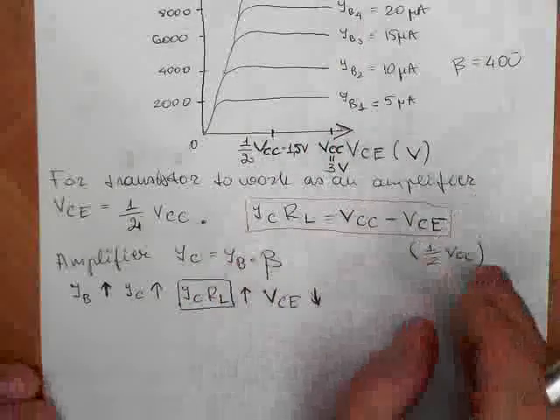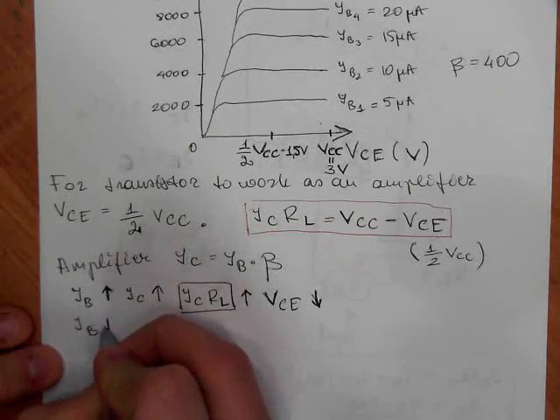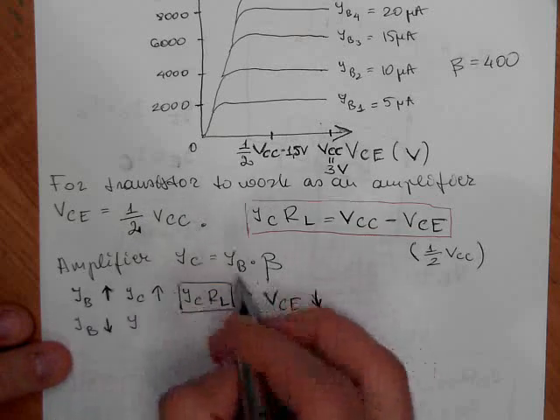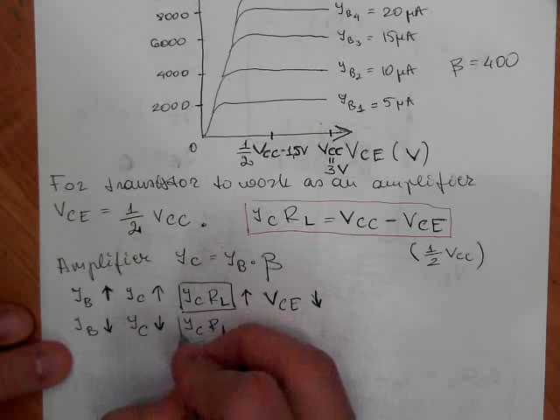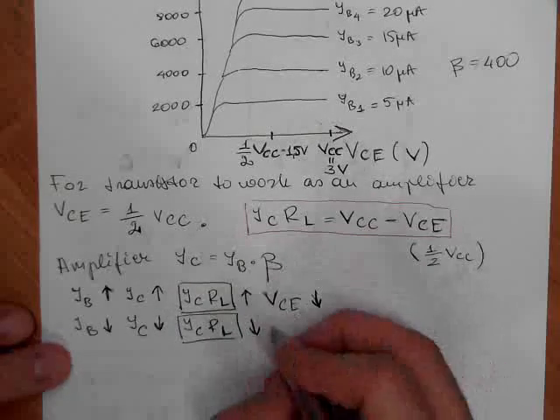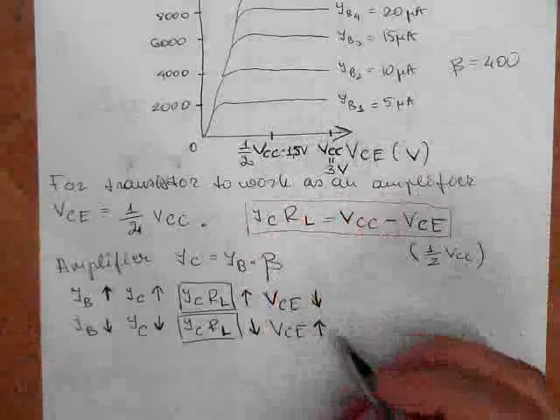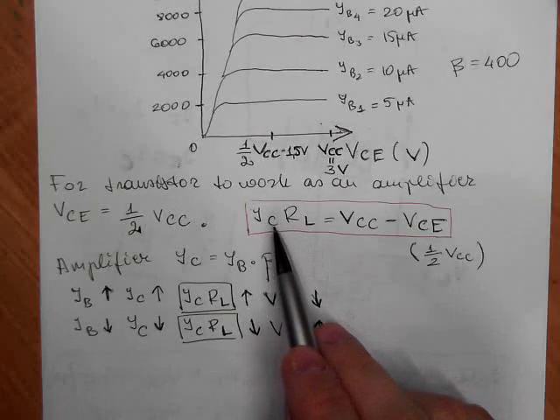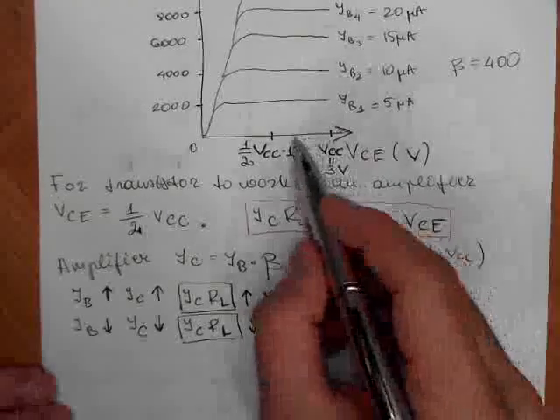In the other situation, when IB decreases, what happens? IC decreases, IC RL also decreases, and what happens with VCE? VCE increases. So we go to this part. The reduction in collector current means the voltage must go somewhere. So to reduce this collector current, the voltage goes to VCE, and we are in this part of the axis.